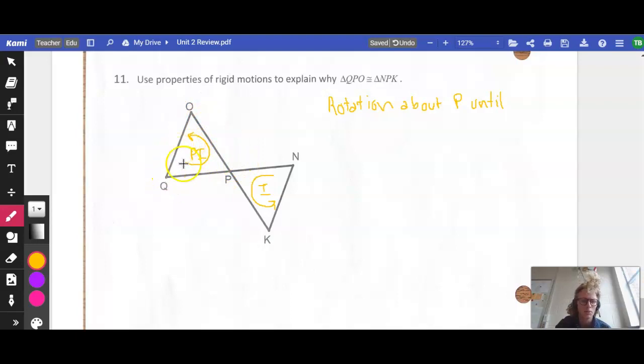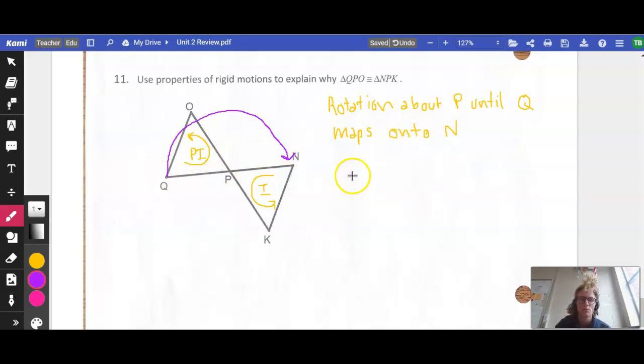I'm going to go with point Q until Q maps onto N. I can see here, Q would map onto N. It would probably be 180 degrees, but we can't quite tell. So just going to leave it like that.